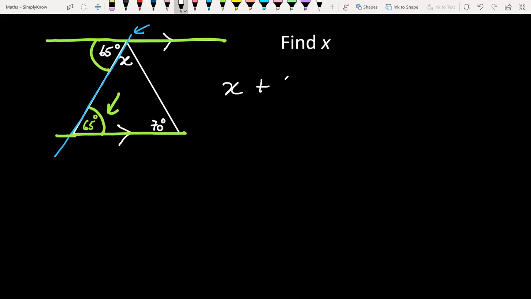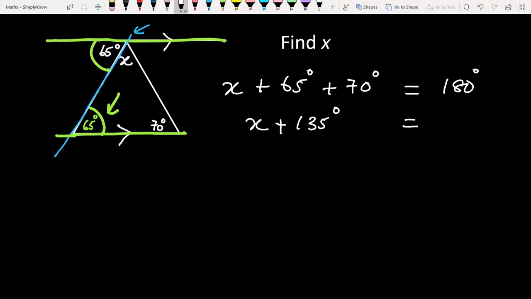X plus 65 degrees plus 70 degrees should be equal to 180 degrees. 65 plus 70 is 135 degrees. So x plus 135 degrees equals 180 degrees. Therefore, x is 180 minus 135. You will get 45 degrees.